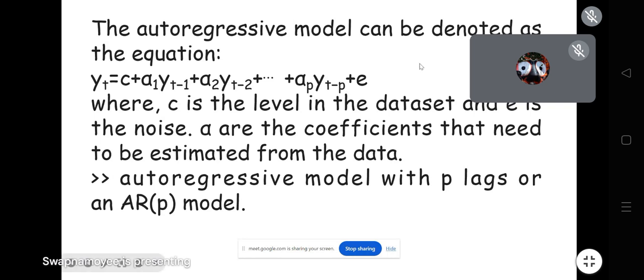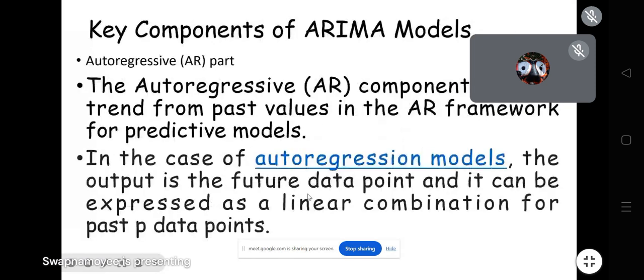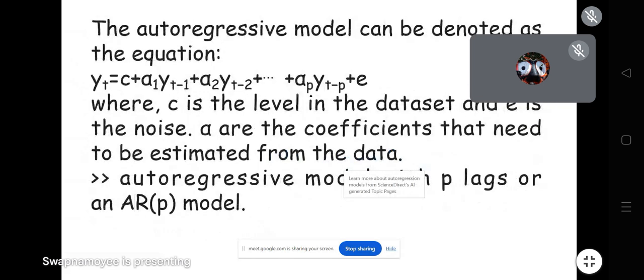P represents that lag period, how many years back you are using as independent variables to find how your dependent variable depends on them. That's why it is autoregressive. It is regressing on its own past values. This is the essence of your autoregressive model.